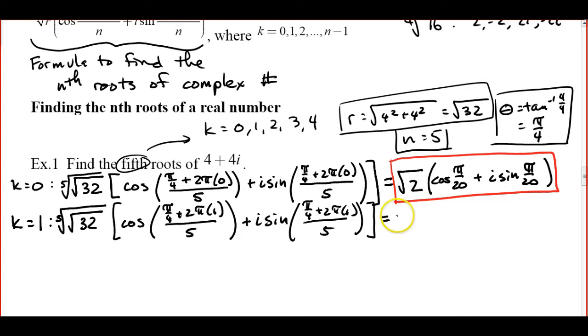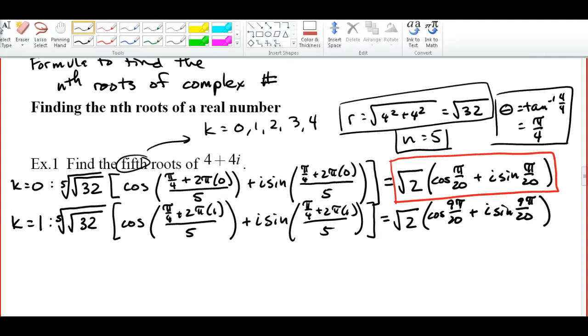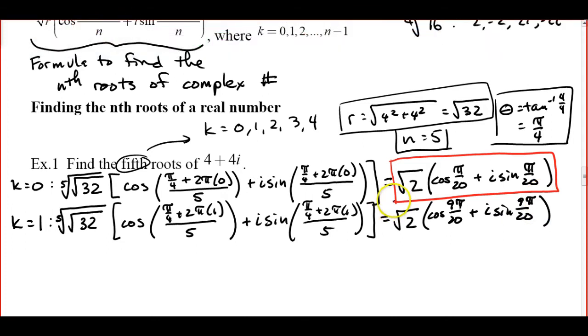Again, I'm going to get the square root of 2. And if I've got pi over 4 plus 8 pi over 4, which is 9 pi over 4, divided by 5, I get the cosine of 9 pi over 20 plus i times the sine of 9 pi over 20. So there's our second nth root.